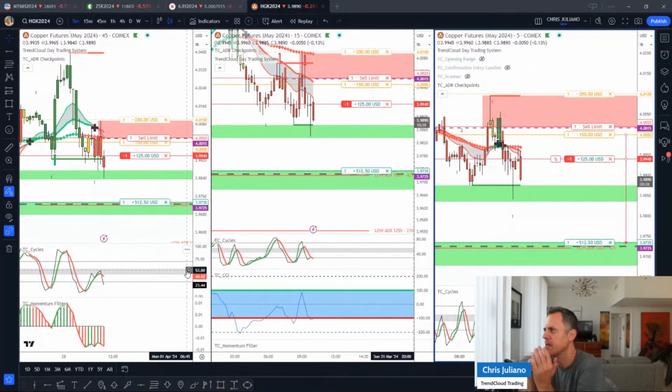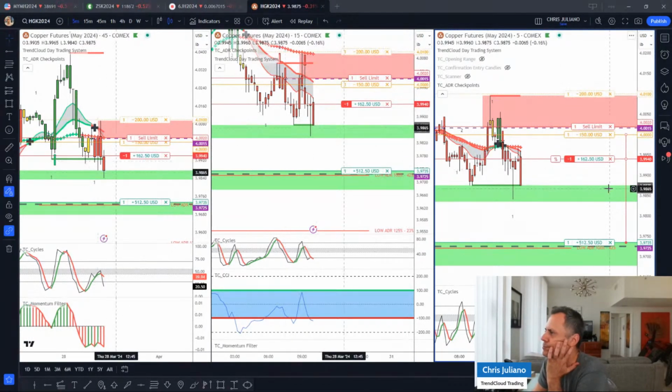This is a demand zone that we're pulling into again, and we're at 1-to-1. We hit our 1-to-1 again. We need this to work right now.